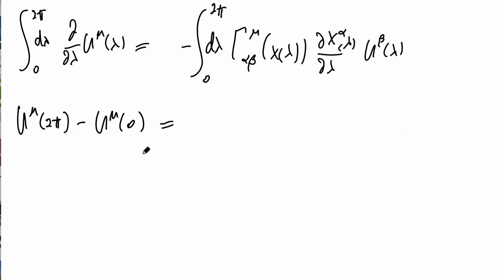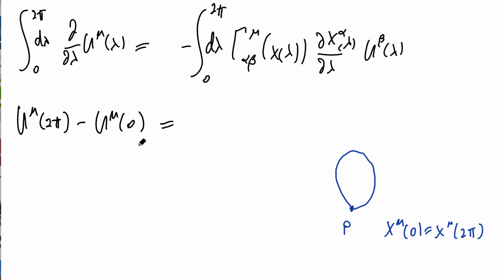And we should be careful here because the vector field u is actually discontinuous at this point P. That point P is the point where lambda is equal to 0. It's also the point where lambda is equal to 2 pi. But what we can do is we can integrate from a value of lambda that's slightly larger than 0 to a value of lambda that's slightly smaller than 2 pi, and then take the limit.